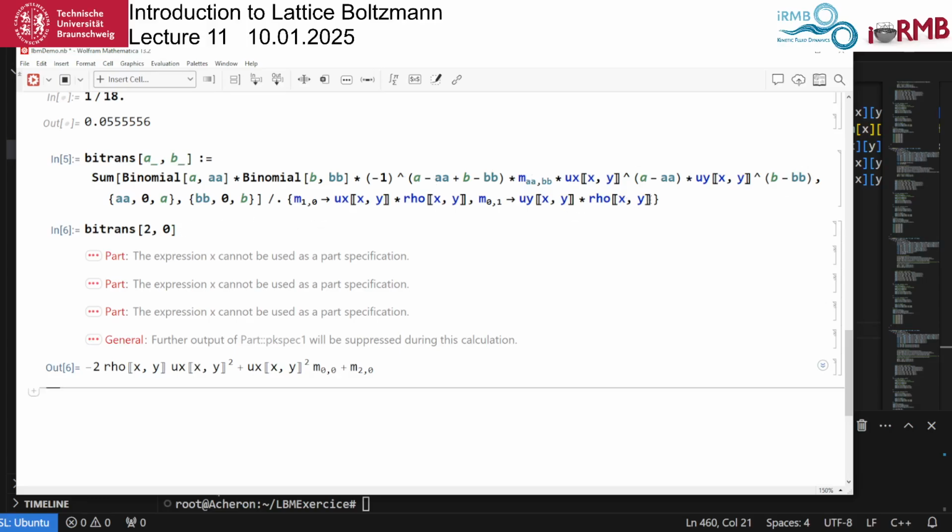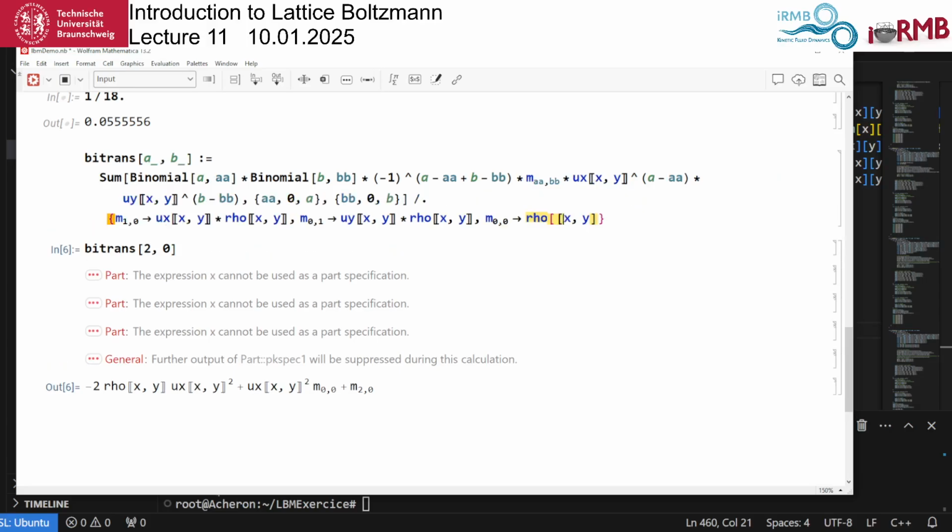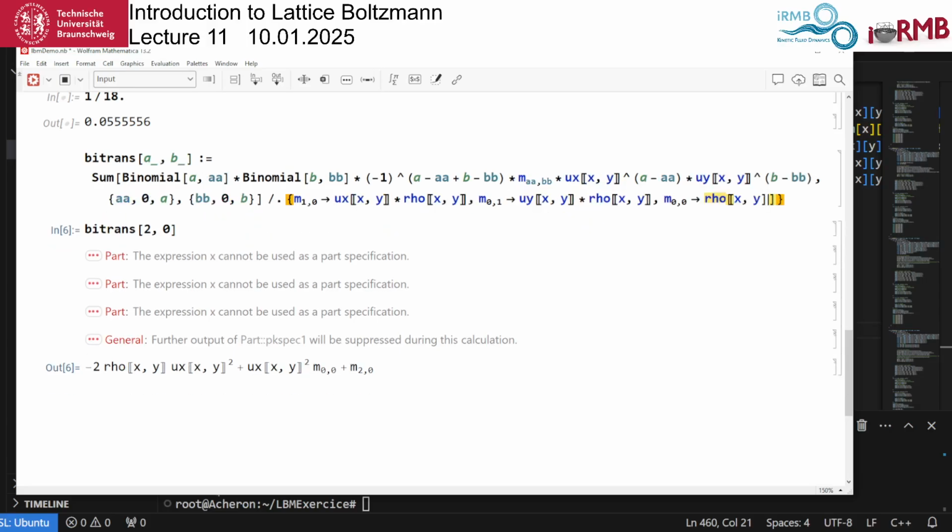It also has the 0, 1, 0, 0, rho x and y. Not that way. I just ignored that it's complaining. It gives the right result, right?